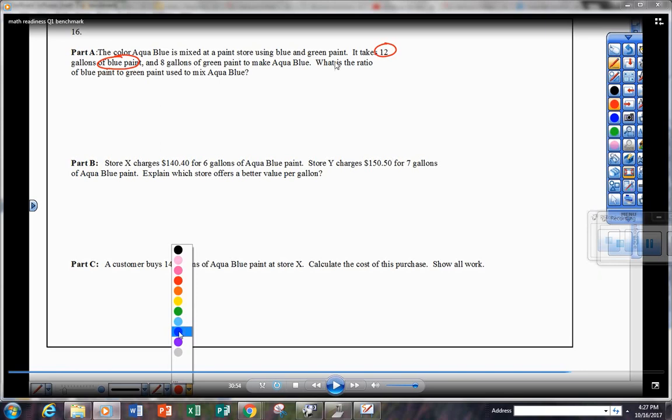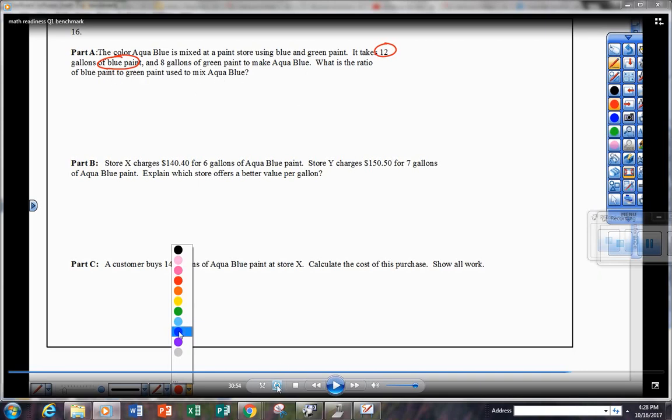So it's asking for a simple ratio. That first problem, easy ratio of how much blue paint to green paint. It's asking for 12 gallons of blue paint, 8 gallons of green paint, to make aqua blue.